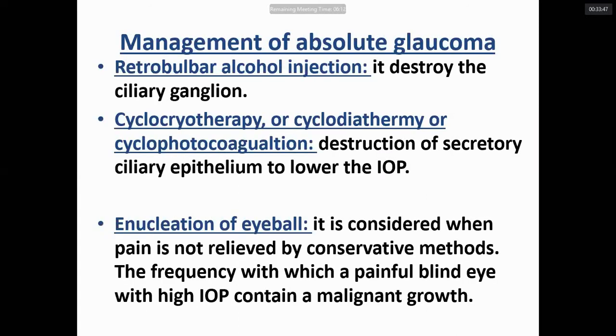In eyes with absolute glaucoma, we go for retrobulbar alcohol injection, cyclocryotherapy, or enucleation of the eyeball: cryo destruction of the secretory ciliary epithelium to lower the IOP, and enucleation of the eye if it is still painful and the retrobulbar alcohol injection and cyclocryo fail.